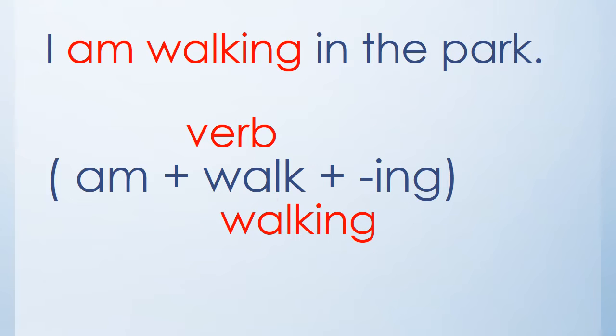The verb is walk and you add ing. So walk becomes walking, right? With I, you use am, I am, a verb ending with ing. The verb is walk and you add ing, so it becomes walking.